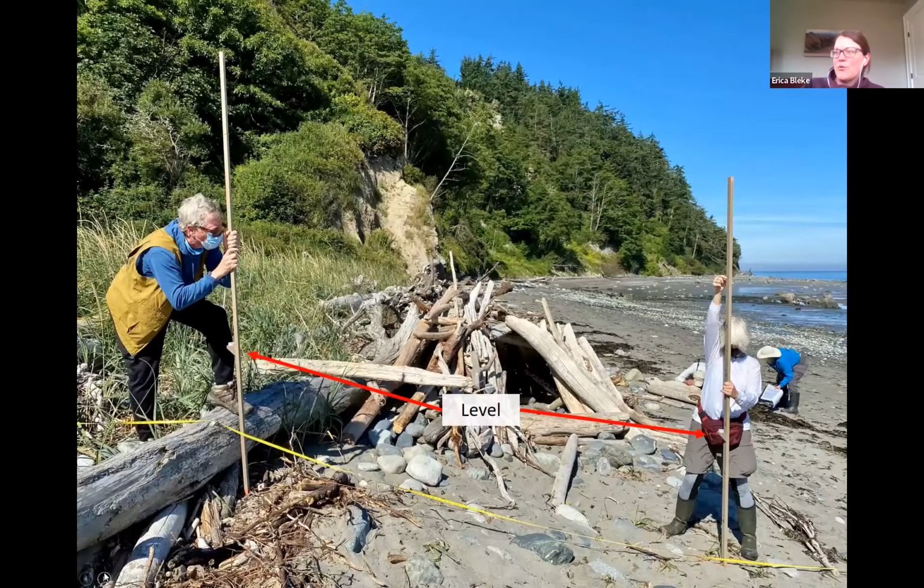Now let's go into a quick review of how to get this information recorded. So the way that this starts, it starts along the profile line that Betsy just outlined. You start at the starting point, at the 0 on the measuring tape at the top of the beach.